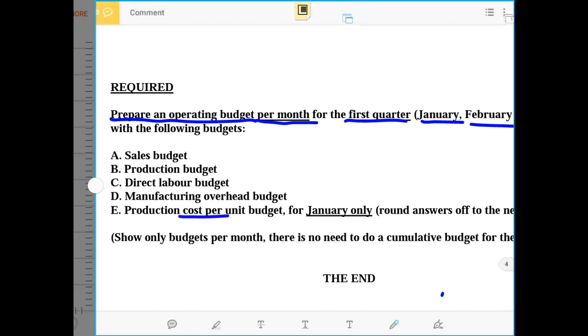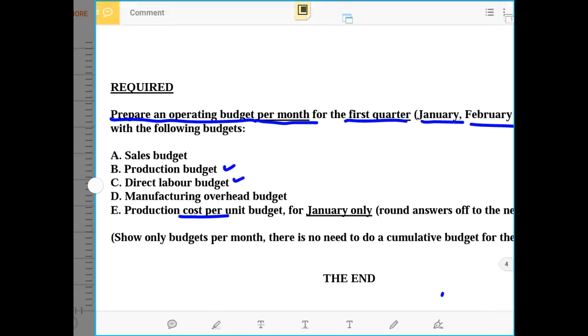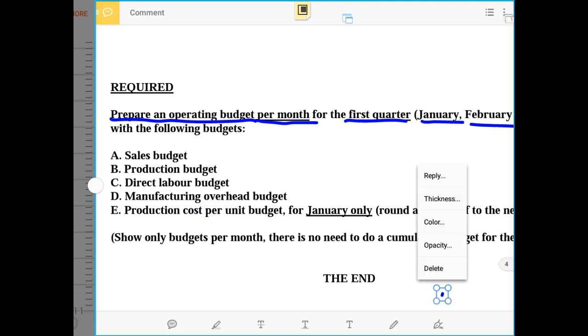Now if you look at this case, we are not required to do the material purchases budget. We are only required to do production and direct labor. The material purchases budget is not required. However, I will do the material purchases budget at the end of this exercise so that you see that part of the material which was not required, and how we account for that.